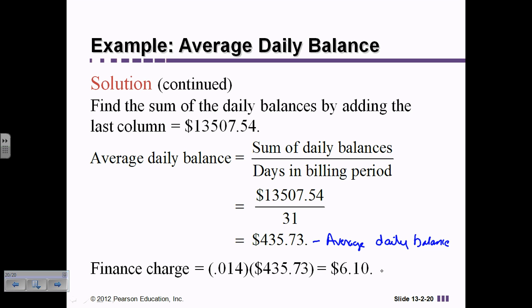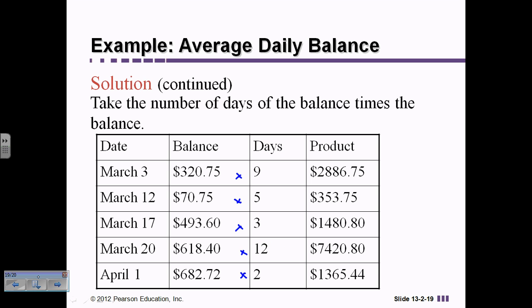So using a method like this could be good and it could be bad. If I had used the other method, whoops, let me go back a second. If I had used the other method, my finance charge would have been based on the 320.75. So during that month, my finance charge would have been less.